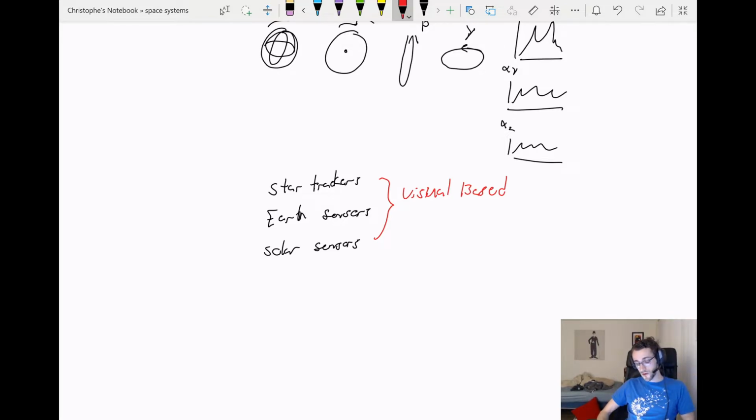Now the way star trackers work is they just create a 3D map of stars around you. Say that's your spacecraft, right?